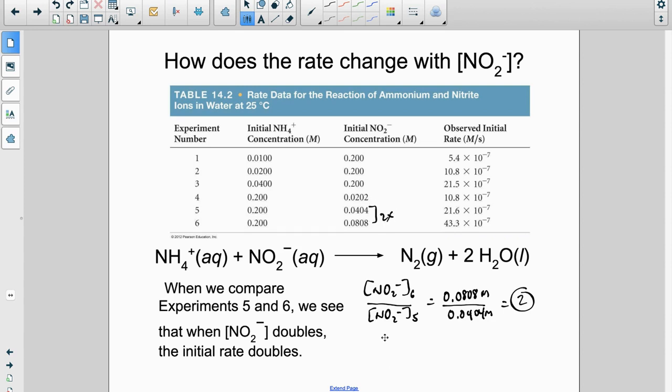The rate of 6 over the rate of 5: 43.3 times 10 to the minus 7 over 21.6 times 10 to the minus 7. That's roughly 2 again. So again, when the NO2 minus concentration doubles, the rate also doubles. And this is the initial rate, the observed initial rate.